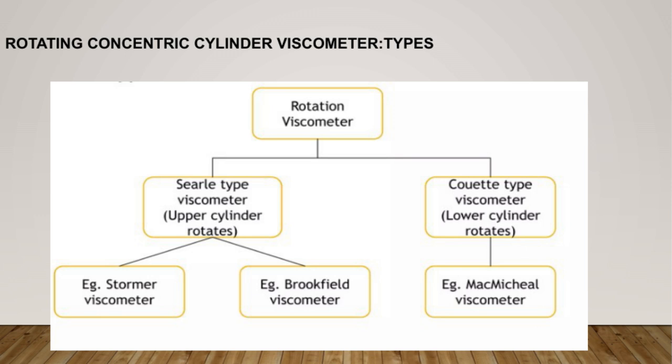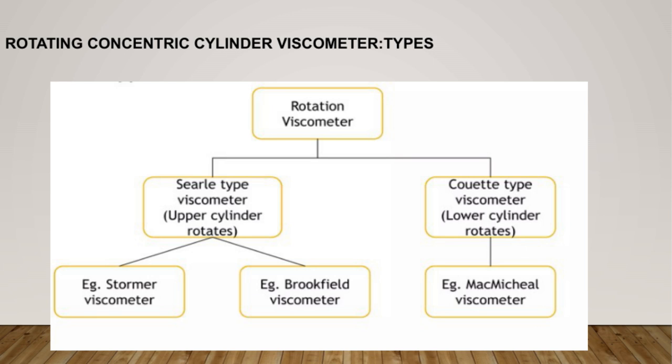On the other hand, oscillatory viscometers apply a back-and-forth or oscillating motion, which is particularly useful for analyzing complex fluids like polymers or biological materials. They help us understand how these materials respond to dynamic forces, revealing properties like elasticity and viscoelasticity.